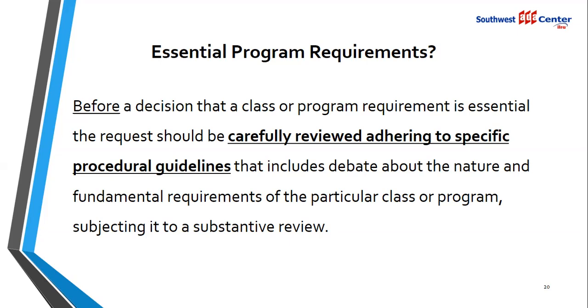In a way, yes, it's a challenge. This essential requirement, is it indeed really, truly essential? Next.